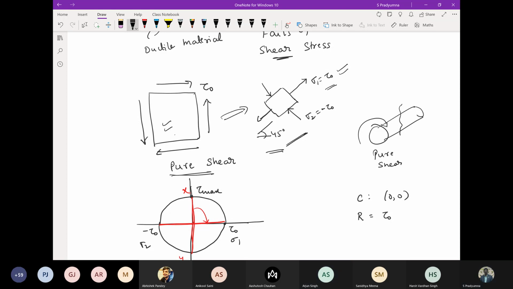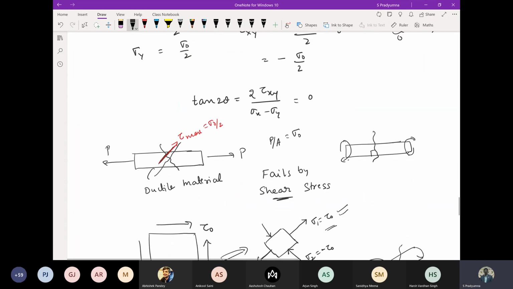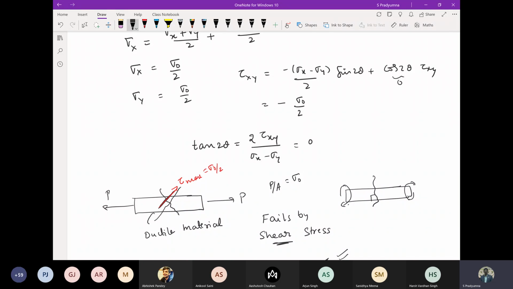Okay, sir. Therefore, any failure because of the normal stress happens at 45 degrees, because at the 45 degree plane the normal stress is the maximum, which is equal to the magnitude of the applied shear stress. So that is the main reason. Even here we said that at 45 degrees it is failing by shear stress and the failure is occurring at a 45 degree plane.